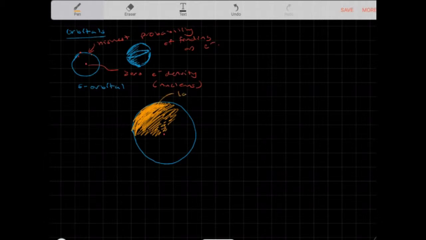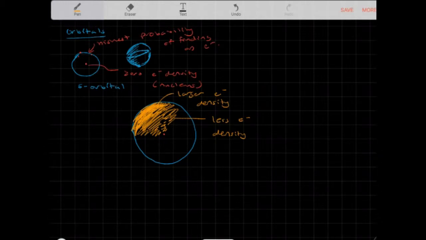There's larger electron density, so you'd most likely find an electron out here in the outer regions of the orbital, versus less electron density closer to the nucleus, right? Because of that, we usually draw the outline of the orbital, since most of the electron density would be found on the outside of the orbital, right?